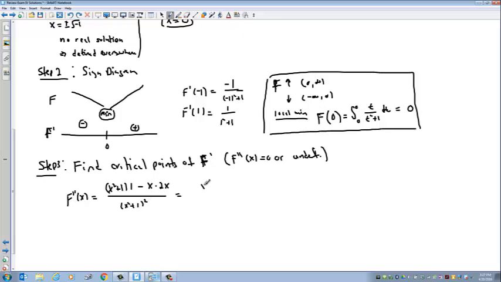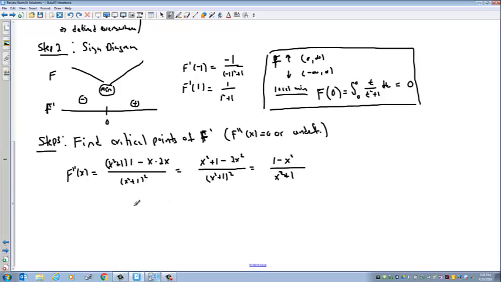And so that's equal to x squared plus 1 minus 2x squared, all divided by x squared plus 1 quantity squared. And that's equal to, then on top you have 1 minus an x squared, because you have plus x squared minus 2x squared, all divided by x squared plus 1.